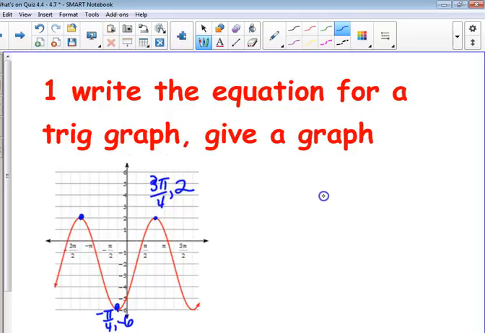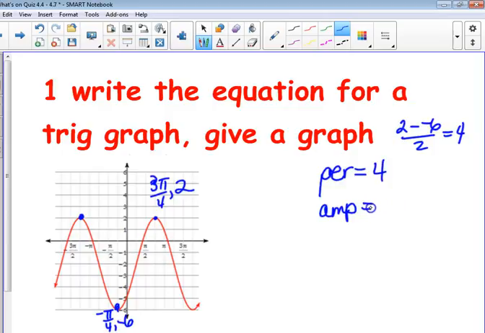What do you want to start with? Finding the period. You can find the amplitude. I don't care what you want to do first. Amplitude would be max minus min divided by 2.